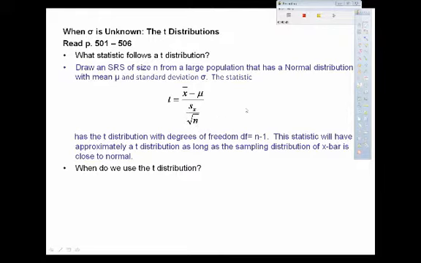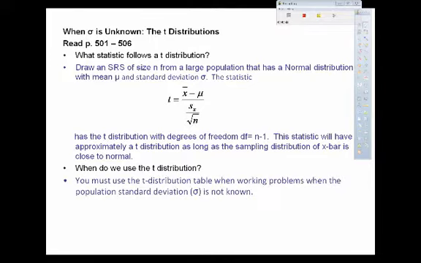That has the T distribution with degrees of freedom, df, equal to n minus 1. This statistic will have approximately a T distribution as long as the sampling distribution of x bar is close to normal. When do we use the T distribution?